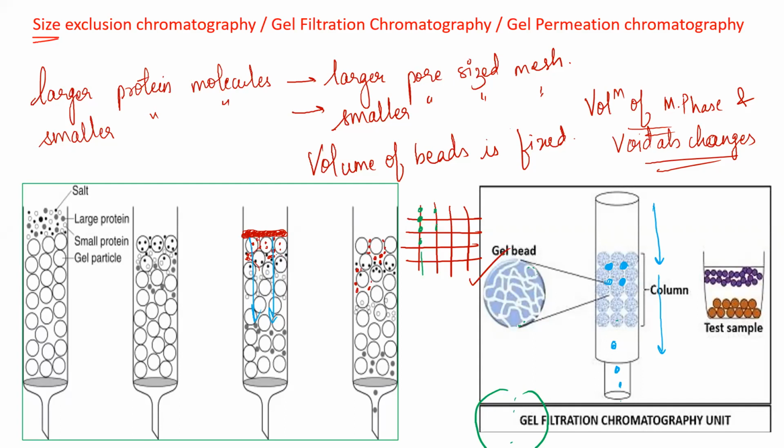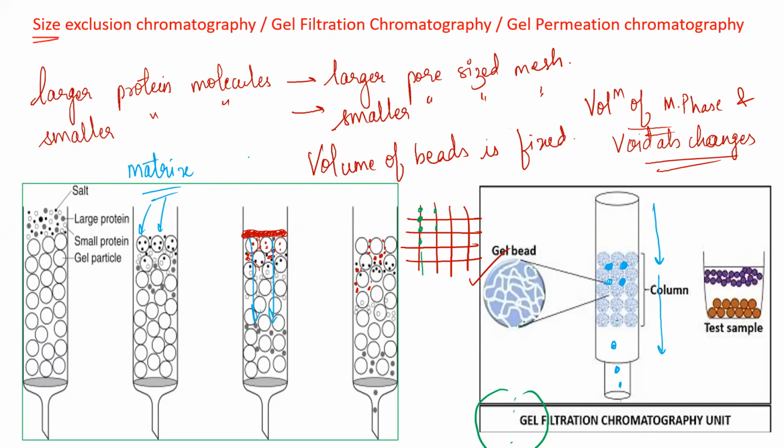So the commonly used gel, or the commonly used matrix, you can use the word matrix for these beads, in size exclusion chromatography is Sephadex gel.